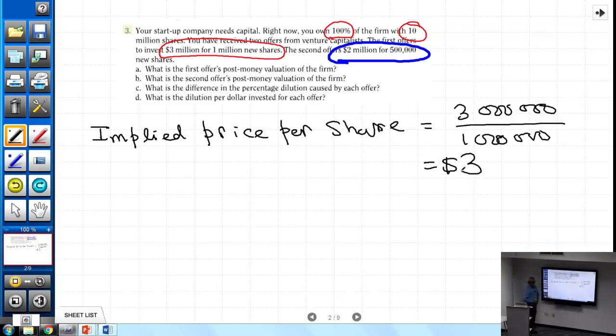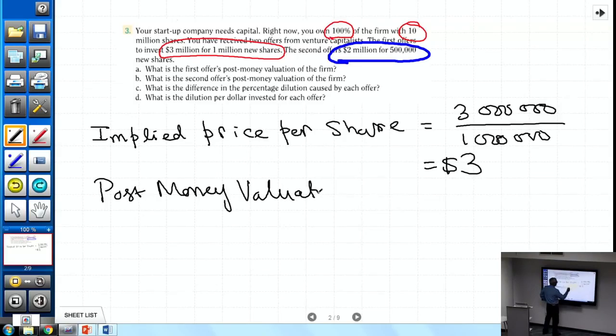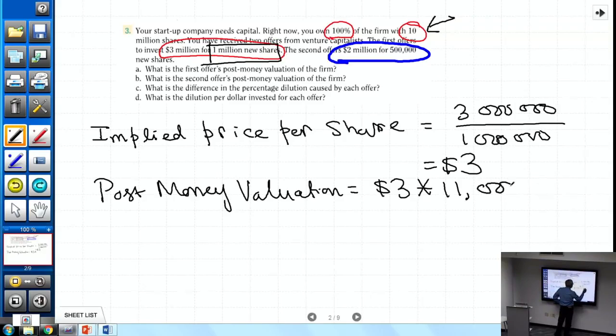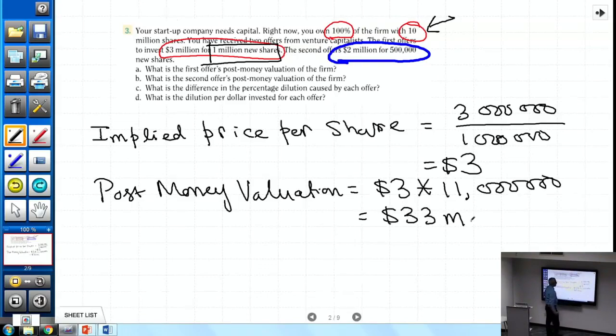That's the implied price per share. Then the post-money valuation would be the new share price of $3 multiplied with the total number of shares now outstanding. Initially we had 10 million shares. To that we are adding 1 more million. So now we have 11 million shares outstanding. So the post-money valuation would be $33 million.